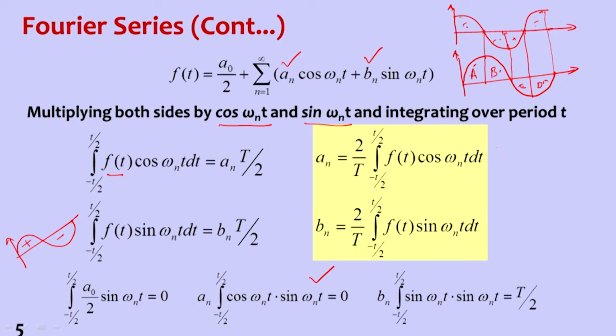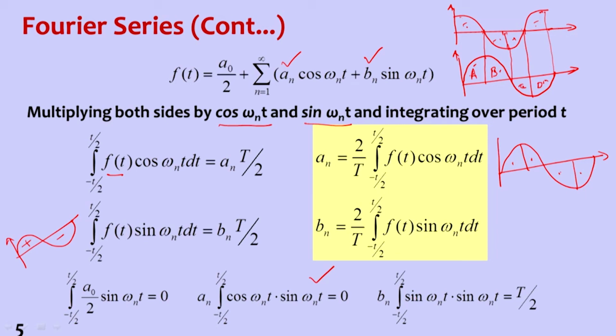But in this case, if you take another sine function, you can see this multiplied by this is a positive value, this multiplied by this again a positive value, this multiplied by this, negative times negative, again a positive value.